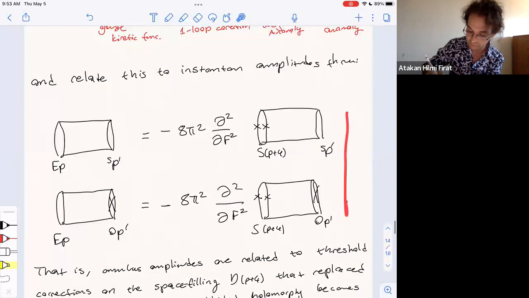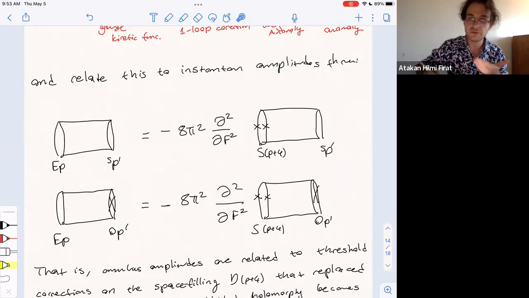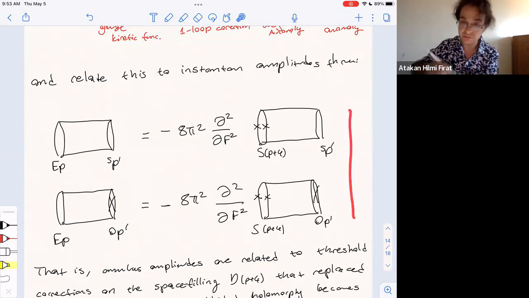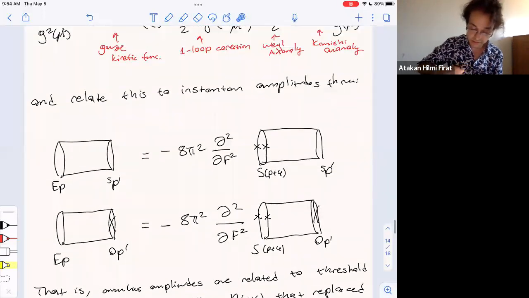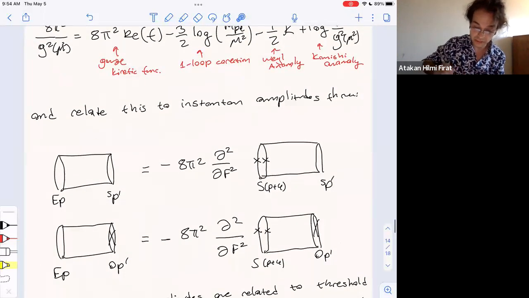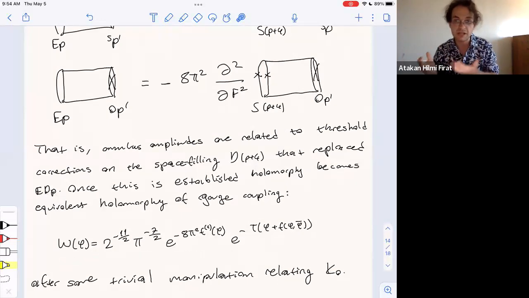Before I explain how we did this, this was a folk theorem in some sense. People always write expressions like this, but we give a first principles proof. But before I do that, let's say this expression is true and we connect in this way, and you can just rewrite your superpotential in the following way. You do some algebra.